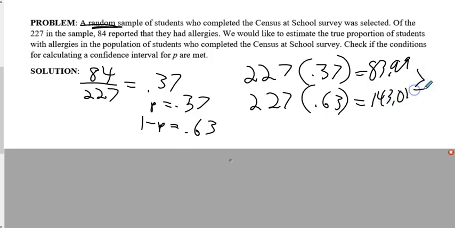Both of those are greater than or equal to 10, so yes, we're good to go. Check mark, met, yes, anything like that. So it met 2 conditions. It was random, and it met the large count requirement. Speaking is hard sometimes.